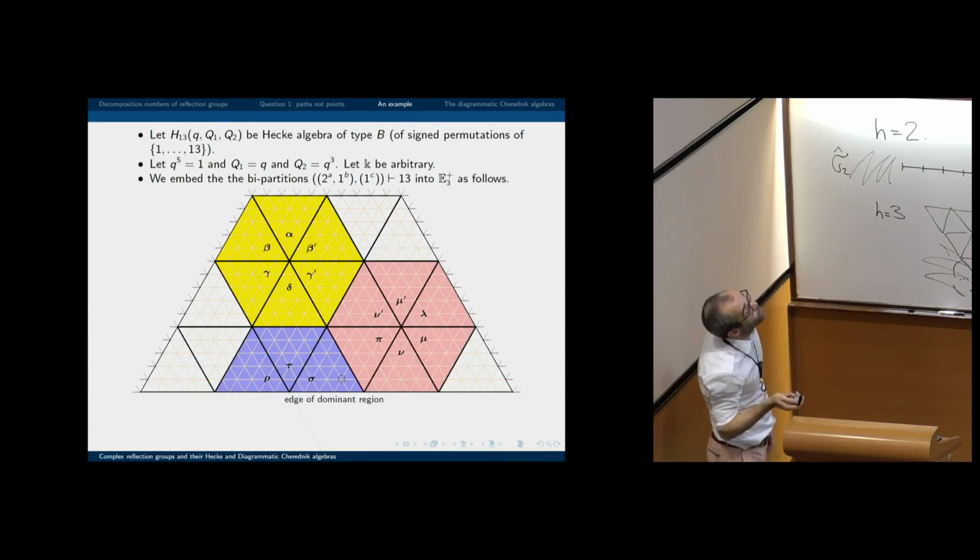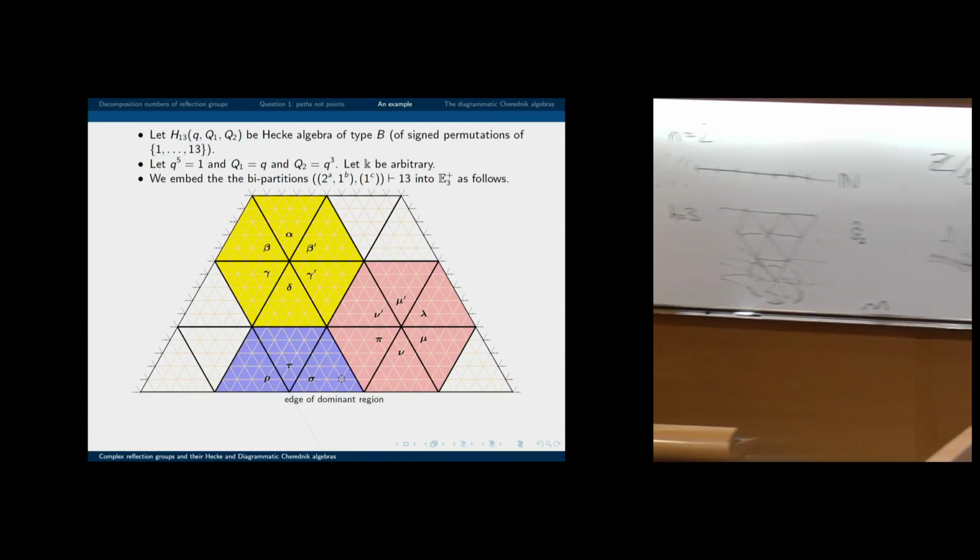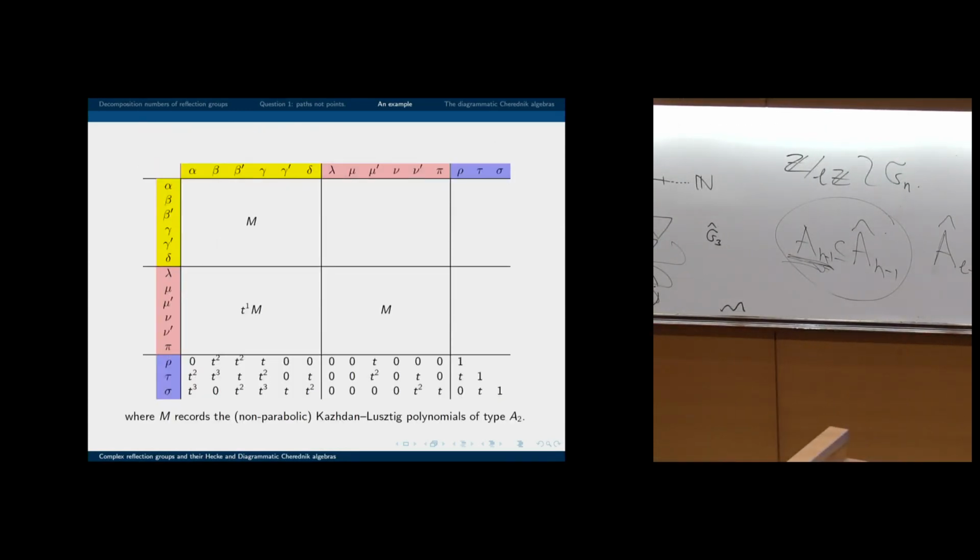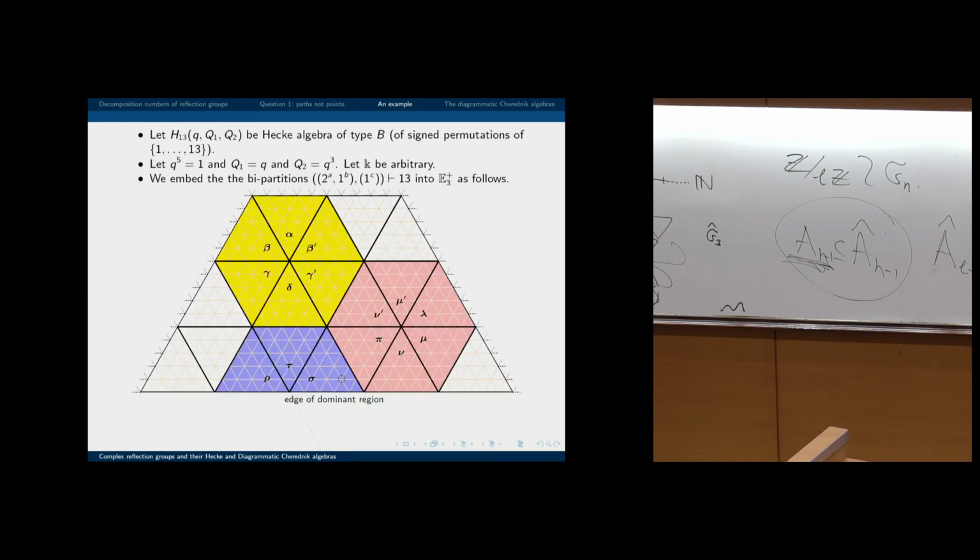Then when I compute the decomposition table on the other slide, I get something that looks like this. If the colors match, then I can do it using entirely classical SL3 theory. This looks like a Steinberg vertex, so the decomposition numbers around this vertex are the Kazhdan-Lusztig polynomials with no parabolic.